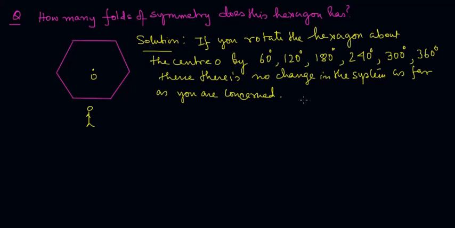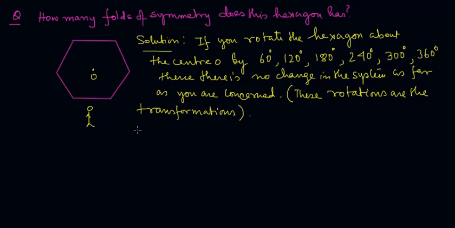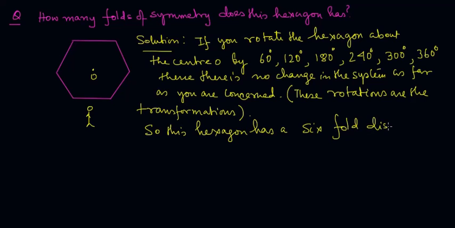And these rotations are the transformations. So this hexagon has a 6-fold discrete symmetry.